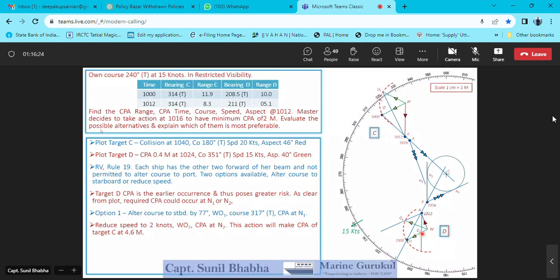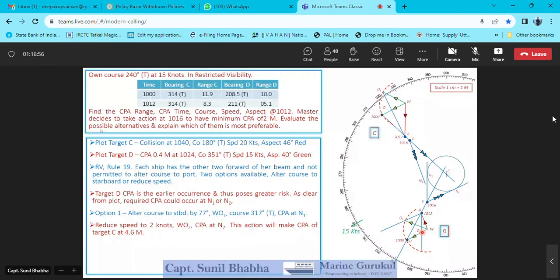Now you see, if our speed is reduced so that in 12 minutes we do not cover a distance of WO, but instead we cover a distance of WO2. You can see this WO2 vector. If we cover a distance of WO2 by reducing our speed in 12 minutes, our triangle would be WO2 Alpha. And in this case, O2 Alpha would become our relative line of approach.